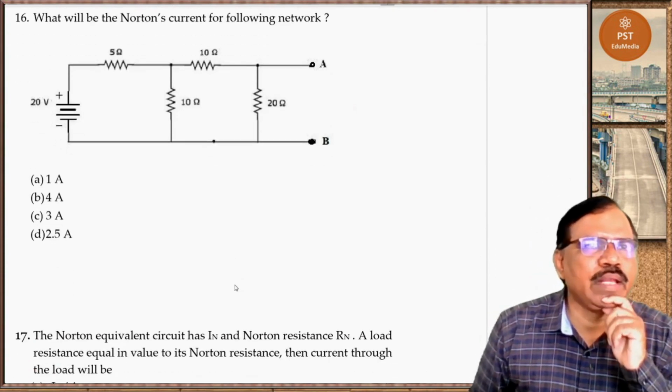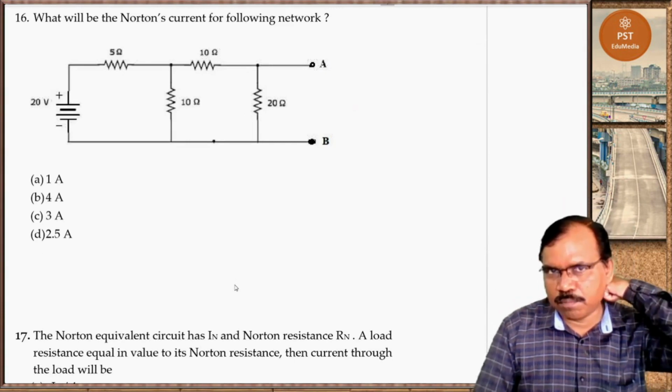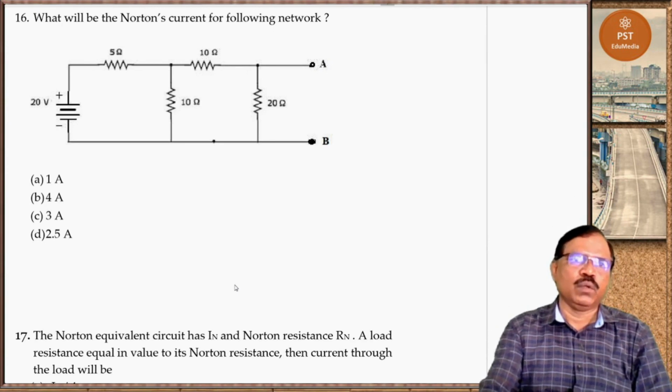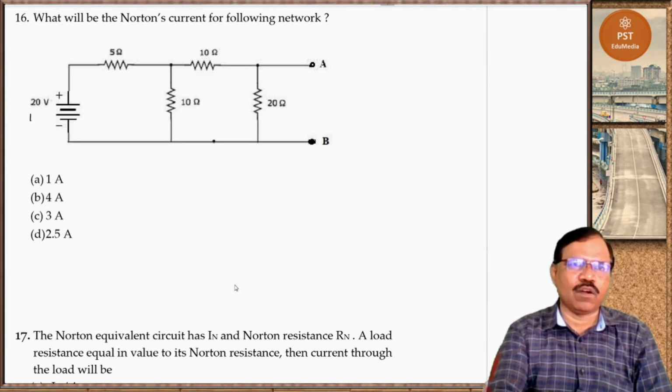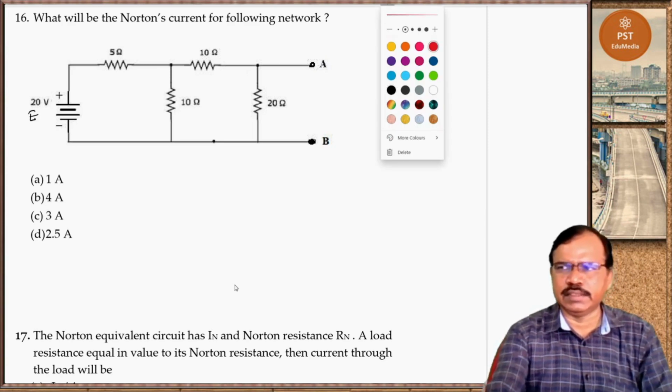Now what will be the Norton's current for the following network? Now see the network carefully. We have a 20 volt battery of EMF E. I will give notations here.